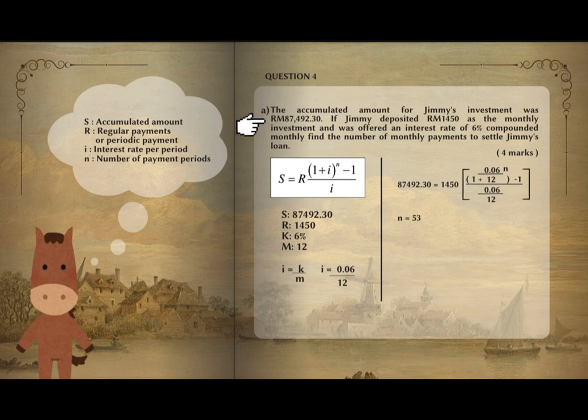If Jimmy deposits RM 1,450 as a monthly investment and was offered an interest rate of 6% compounded monthly, find the number of monthly payments to settle Jimmy's loan.